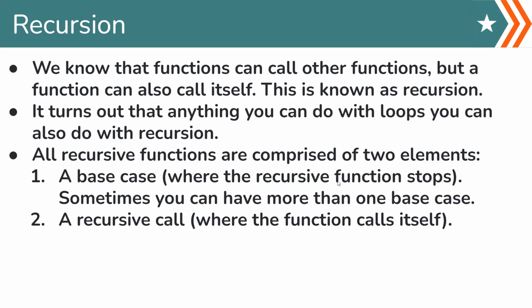Sometimes you can have more than one base case. We'll be focusing on very simple recursion problems here, so we'll just have one base case. The other element is the recursive call itself, where the function calls itself within it. For this to work, whenever you call it again, you have to have something different.